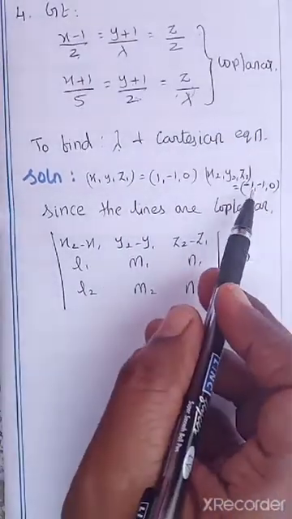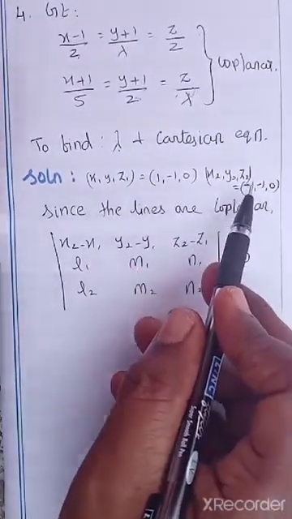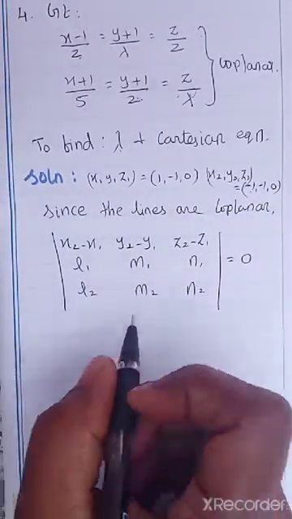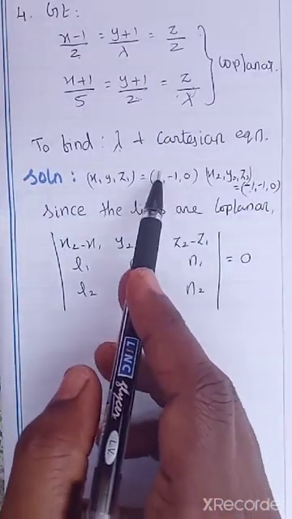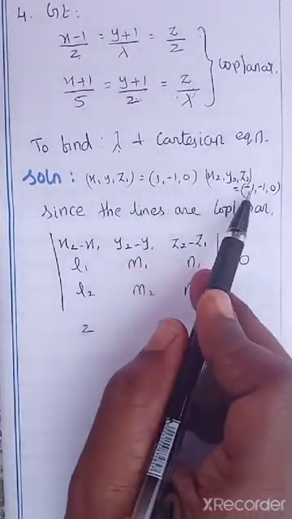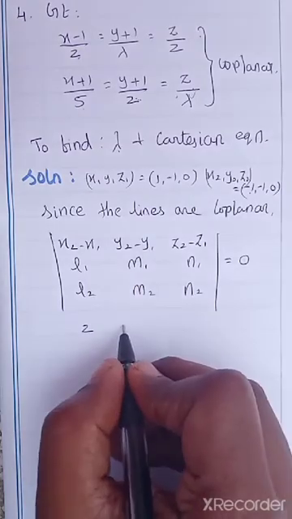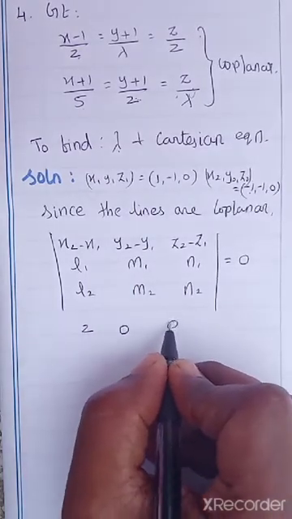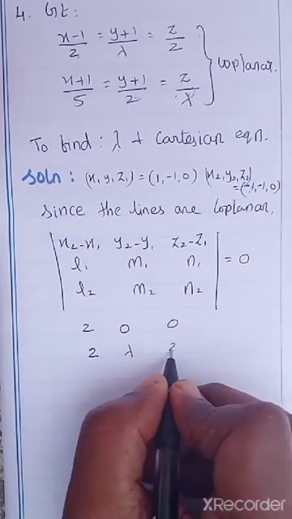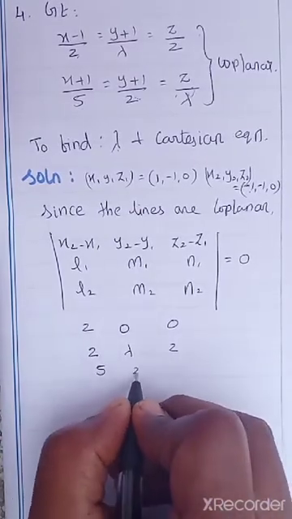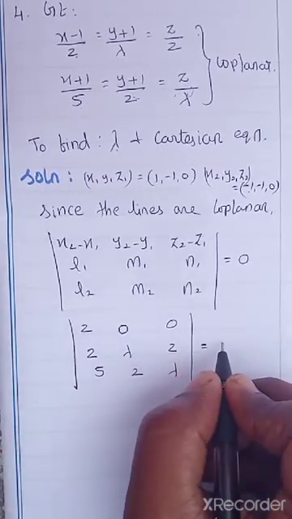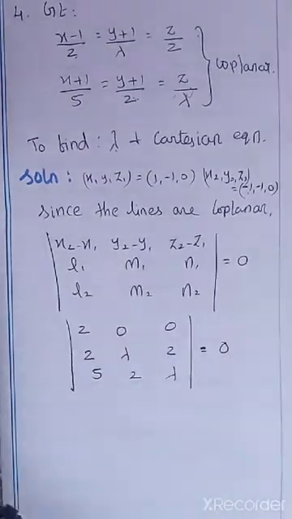Now x2 minus x1, so this we will get. It will be 2, 1 minus of minus 0, minus 1 plus 1 is 0. This is also 0. And this will be 2 lambda, 2, 5, 2 lambda, which is equal to 0. Is that okay?